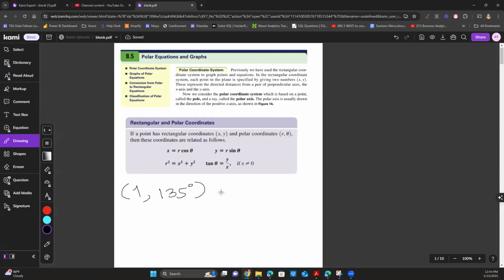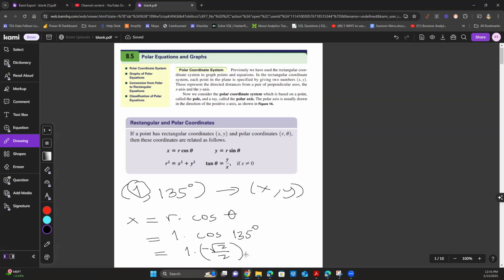We want to change this to x and y values. x will be equal to r times cosine of theta, which is the formula we need here. In this case, the r value is equal to 1, and then cosine of 135 degrees. So it's 1 times cosine of 135, which is the same thing as cosine of 45 degrees, but it must be a negative number. So this will be the x value here.